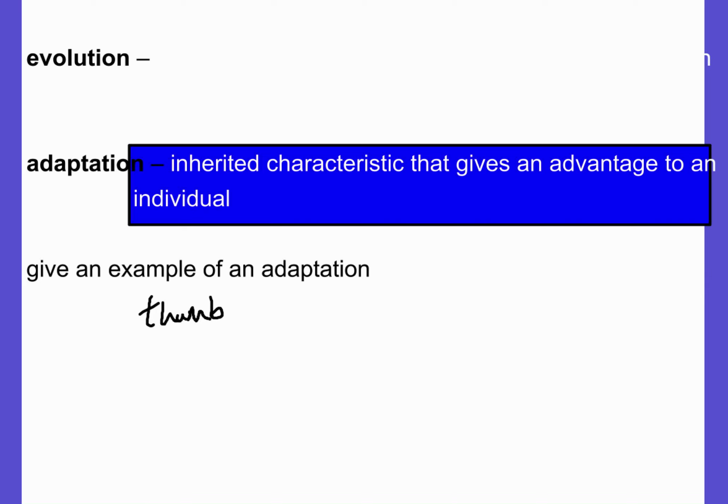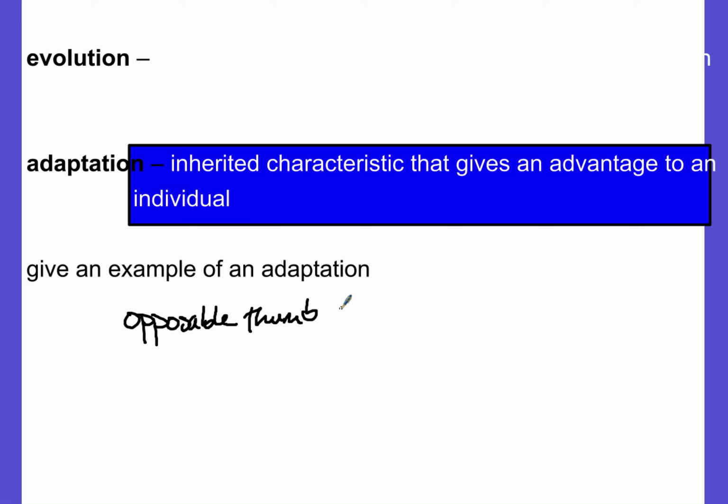The fact that you have an opposable thumb, and I'm actually going to fix that. I'm going to say opposable thumb, because it has to be useful that way. It has to help you with your dexterity to manipulate tools because that opposable thumb allows you to do that.